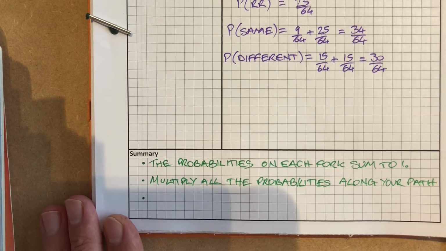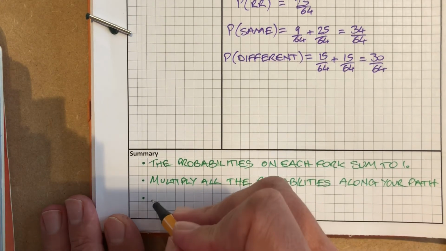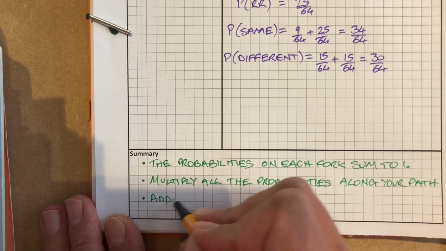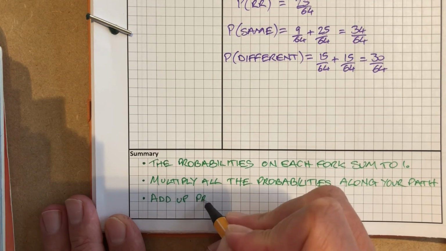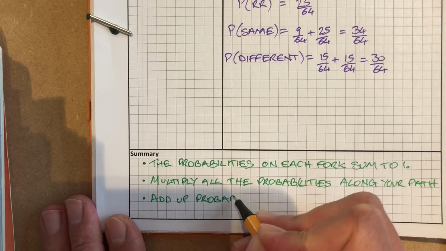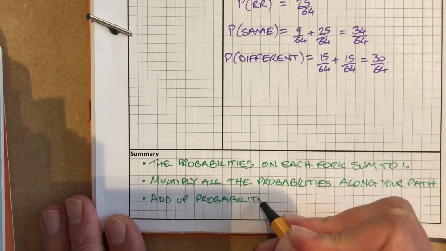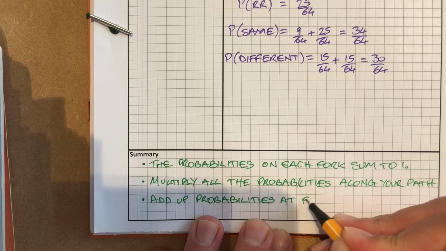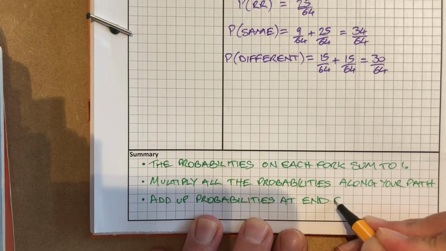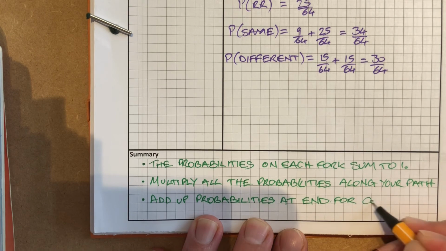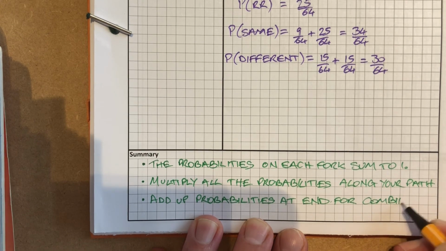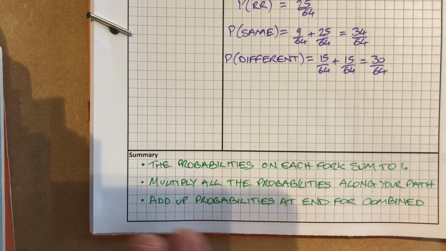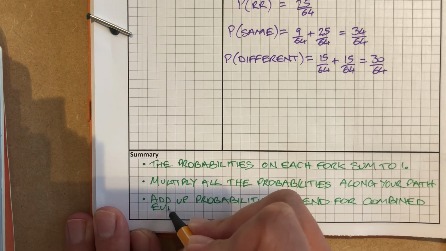And lastly, add up probabilities at the end for combined events.